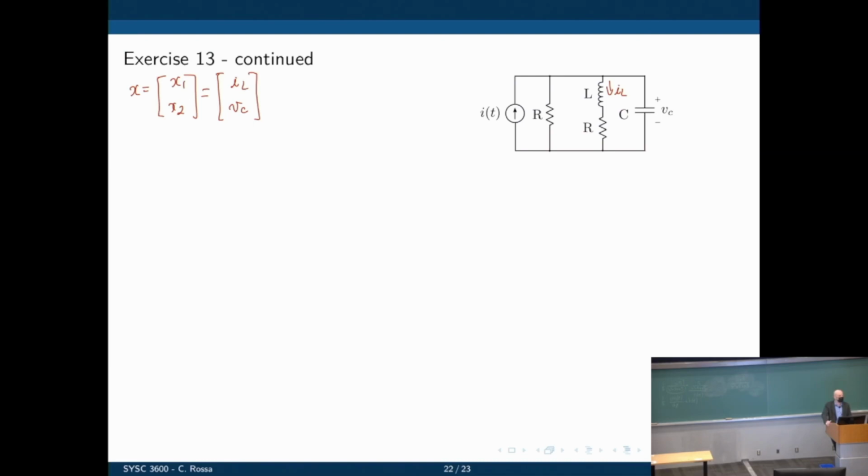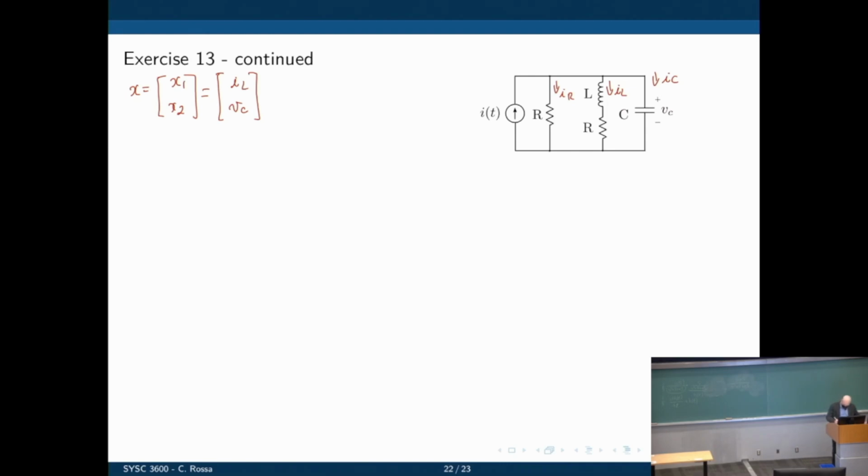Any ideas? Well, we can write an equation for VC, either the voltage or the current through the capacitor. So if you want the derivative, write the current. The current through the capacitor depends on the derivative of its voltage, which, let's call this IC. Let's call this current IR.